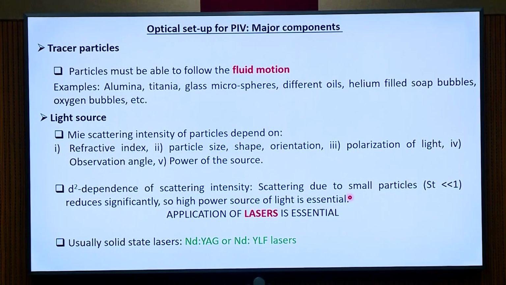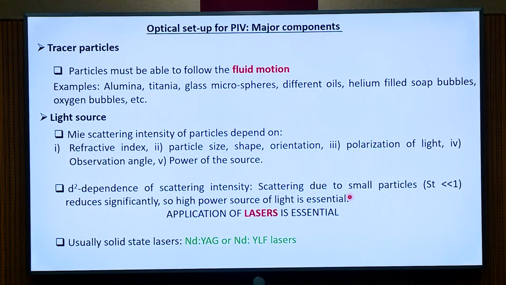Okay, and now it may happen that the Stokes number is less than 0.1, but that Stokes number is based on large scale eddies. So when you consider the smallest eddy, it is possible that the Stokes number is higher, such that the particles don't follow the Kolmogorov scale, let's say. So the velocity that you measure cannot give you the Kolmogorov scale.